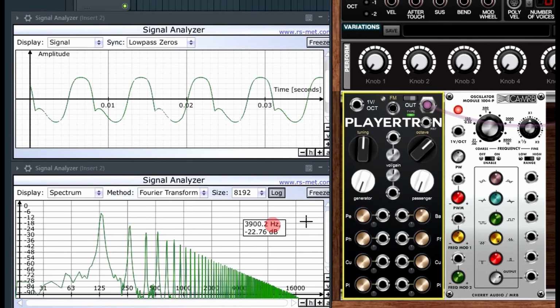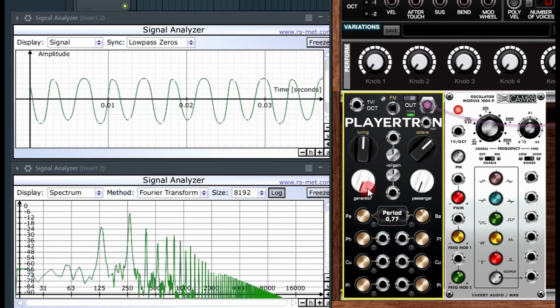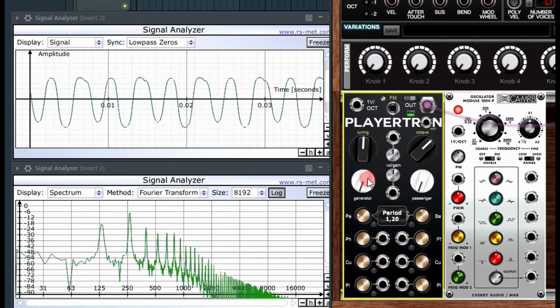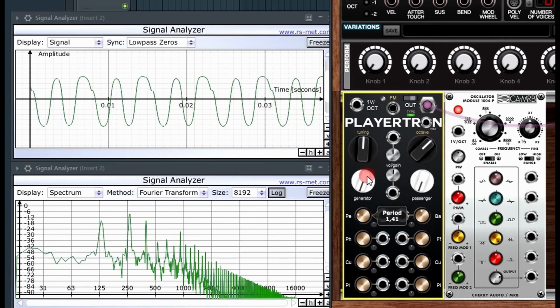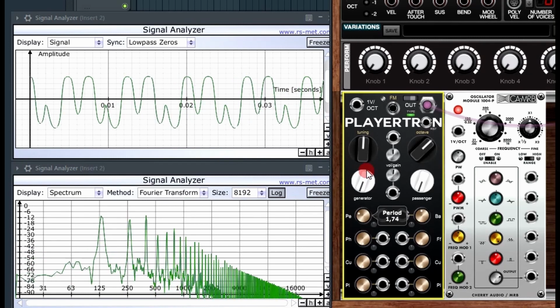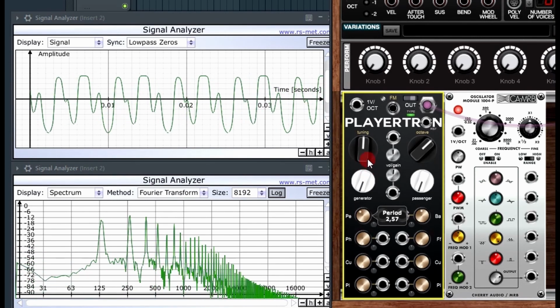Here, look at this second partial. Then a third wave occurs. The next wave occurs here. And the third partial gains amplitude.